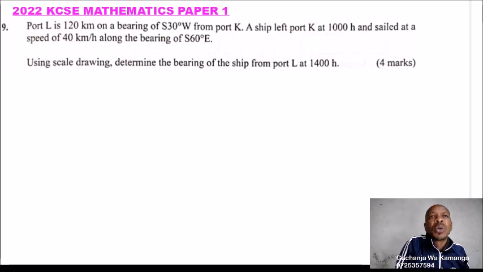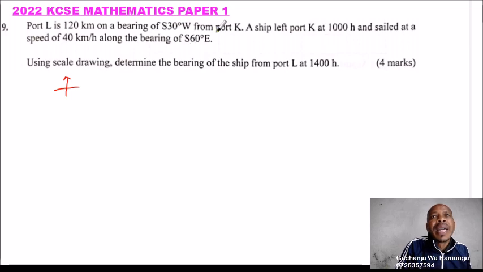So when you are doing a scale drawing, you need to make a sketch that is going to guide you on how to make the actual drawing. So we can start by making a compass there. So that's our north.